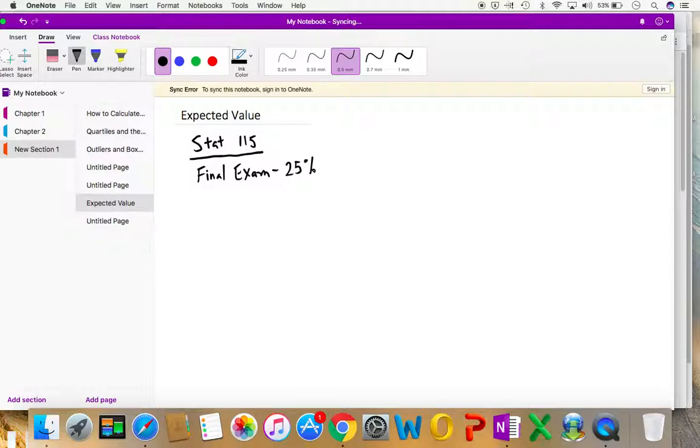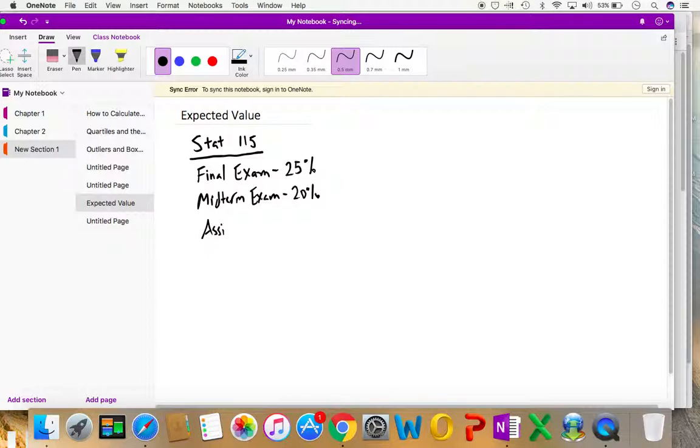Okay, we'll say your midterm exam is 20% of your final grade. And then everything else we'll just say are assignments, to keep it general. And that's your homeworks, maybe your quizzes, any projects that you might do in class, and that's what's left over, and that's going to count for 55% of your grade.